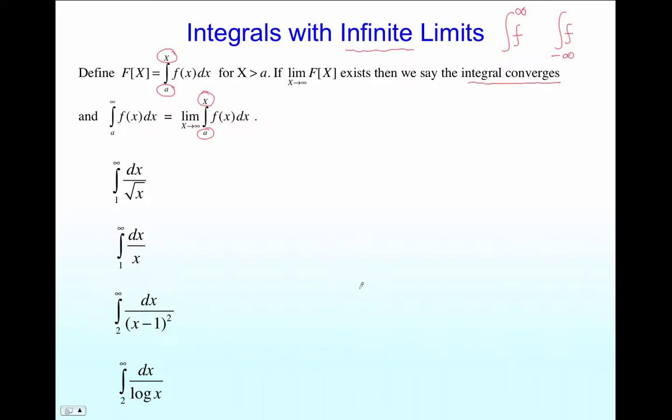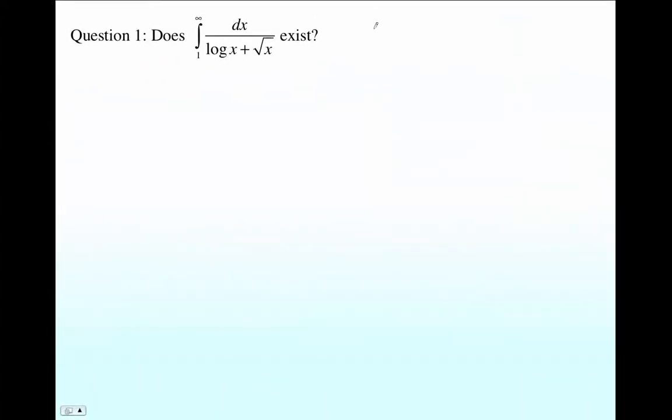Let's see whether, in fact, these integrals with infinite limits actually exist, or whether they don't exist, or in other words, diverge. As our first example, I want to ask whether this integral exists. I'm not asking for its exact value, merely whether this converges.